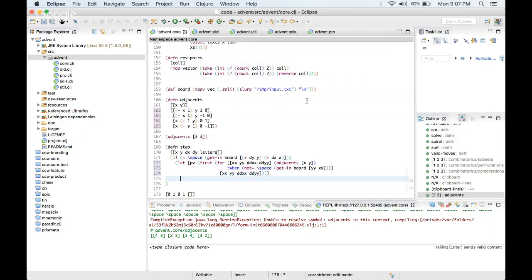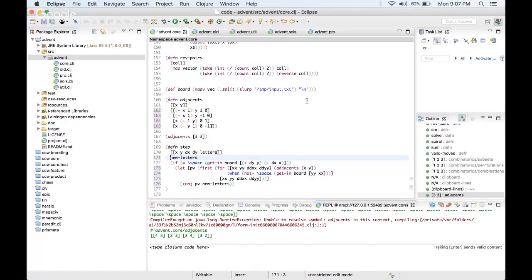Okay, so we get the position velocity out, and then we'll have something called like new letters here, which we'll just define as if maybe like not.